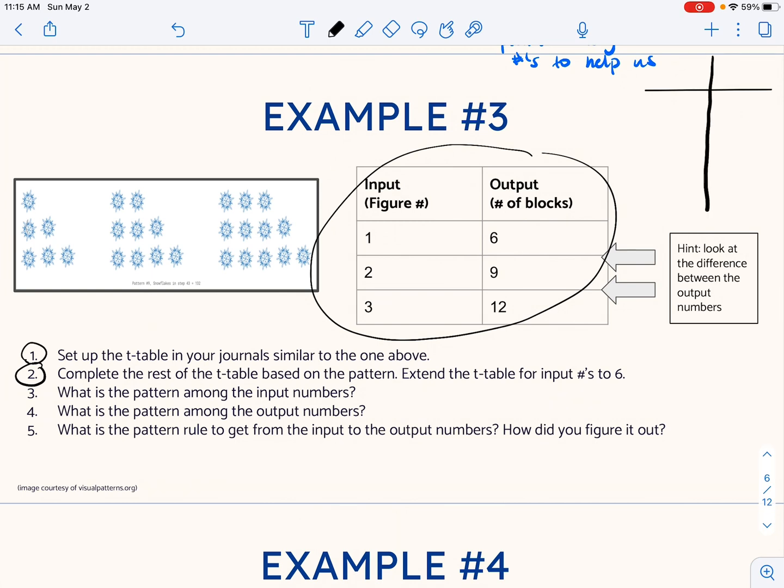Now, I'll tell you again that this example is also a 2-step pattern rule, similar to example 2. So if you're feeling confident enough, or you want to try this on your own, pause the entire recording right now and try to figure out steps 3 to 5 on your own before you replay the recording.